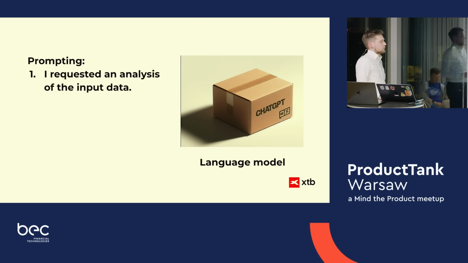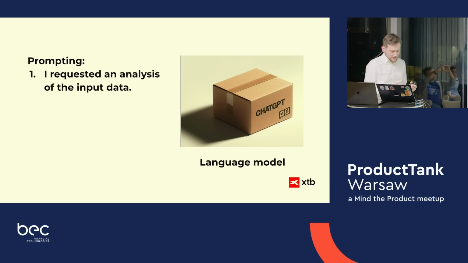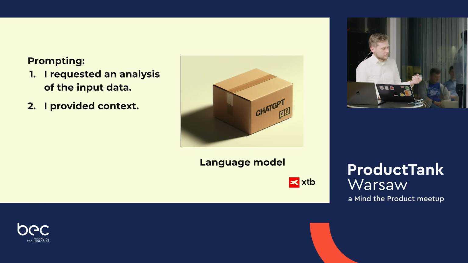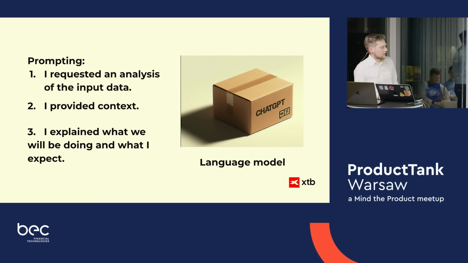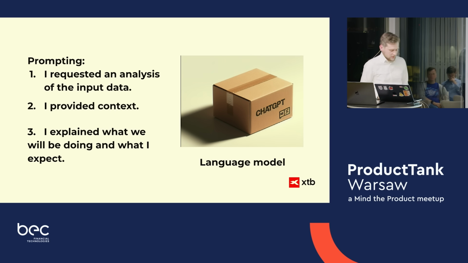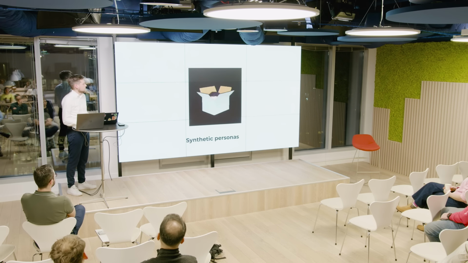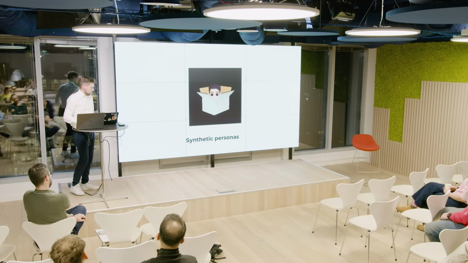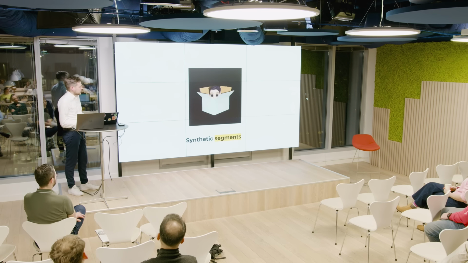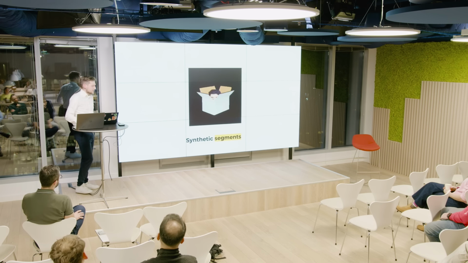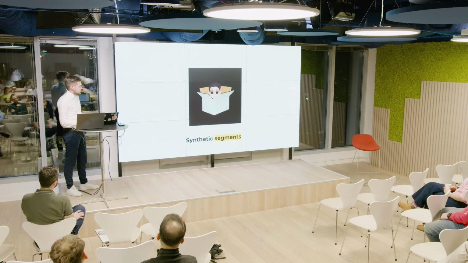We did some careful prompting. I requested it to analyze the data that we put in the box, provided the context of the research and what we want to achieve, and explained what we'd be doing and what I expect from the synthetic personas. Yes, these are the personas, but I would rather use the definition of segments.